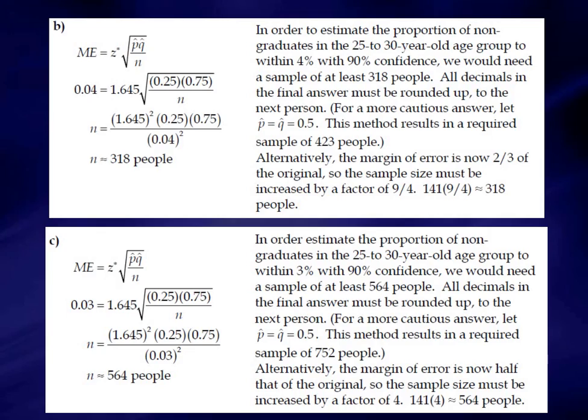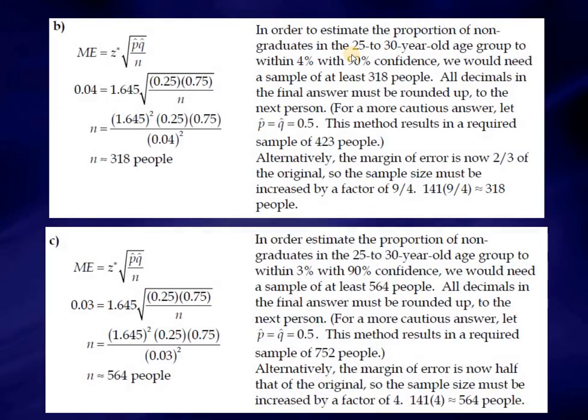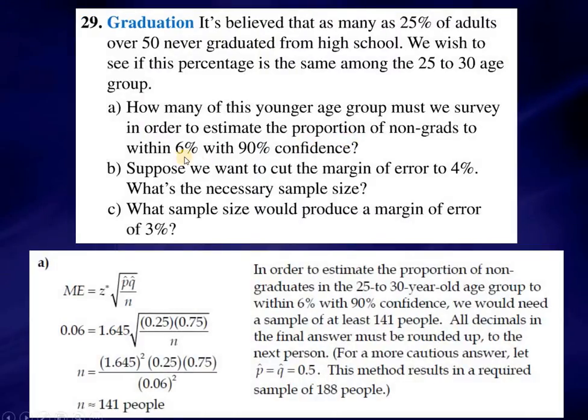Now, my next question, if I were to do the exact same thing, if I were to keep my confidence level here at the 90%, but instead of taking a 6% margin of error, if I said my margin of error had to be 2, how do I go from 6 to 2?